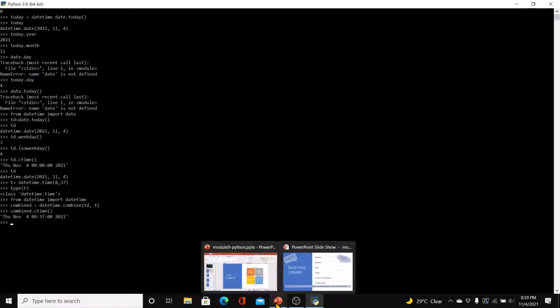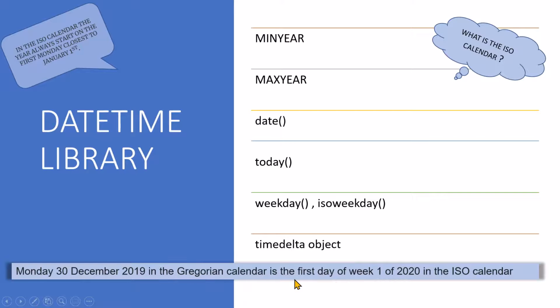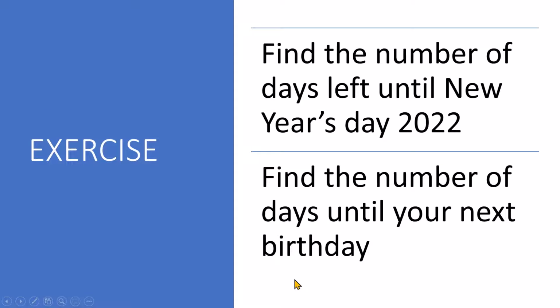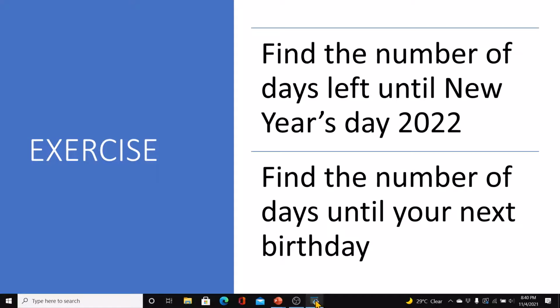Now moving on to the time delta object. To understand the time delta object, let's do these two simple exercises. Find the number of days left until New Year's Day 2022. So how do we do that?